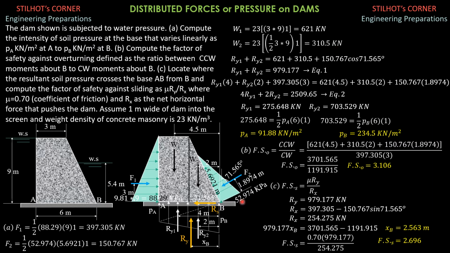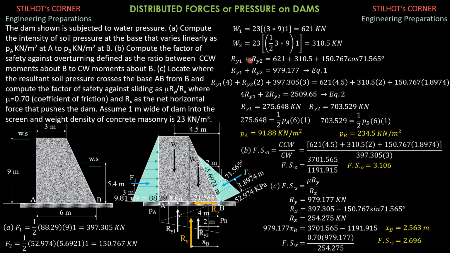Therefore, summation of forces y equals 0, Ry1 plus Ry2 is just the sum of weights W1, W2, and the vertical component of F2, which is F2 cosine of 71.565 degrees. This is also 71.565 degrees, equal to this angle.